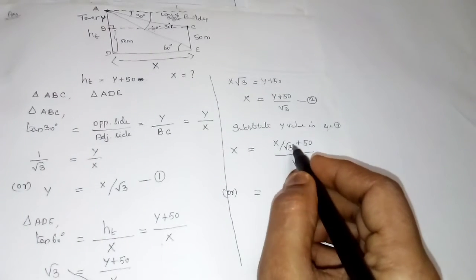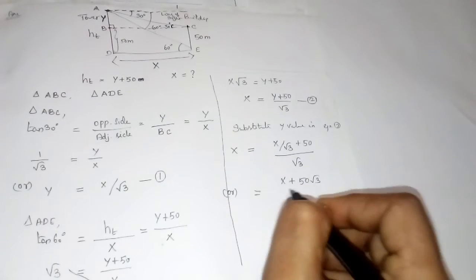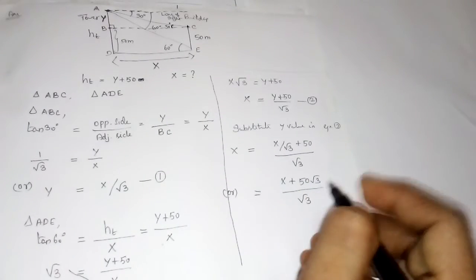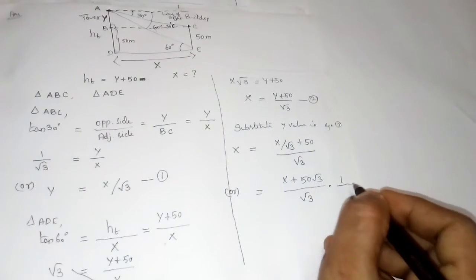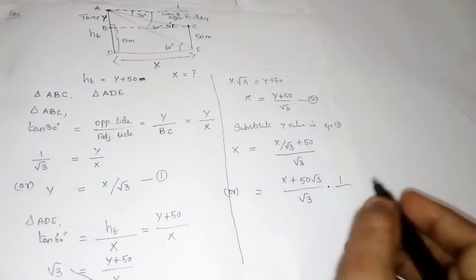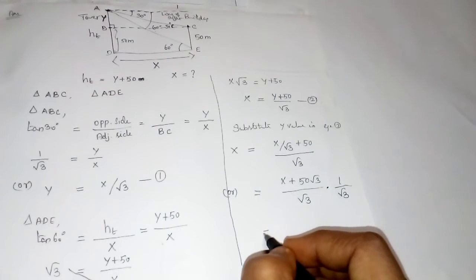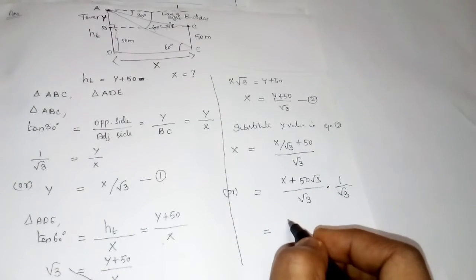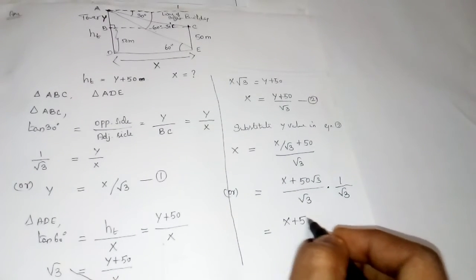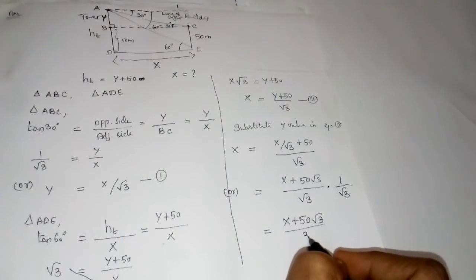If you take root 3 as LCM, we get the numerator x plus 50 root 3, and the denominator is root 3 into root 3, which is 3.